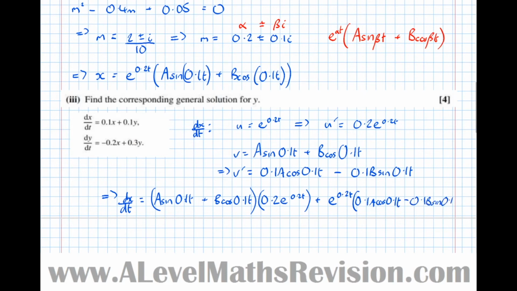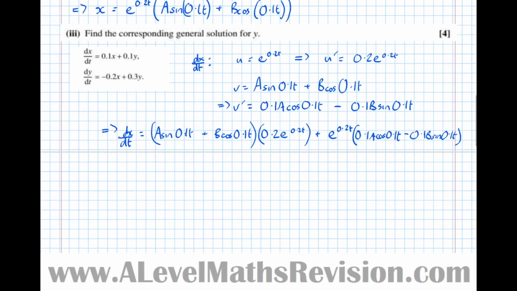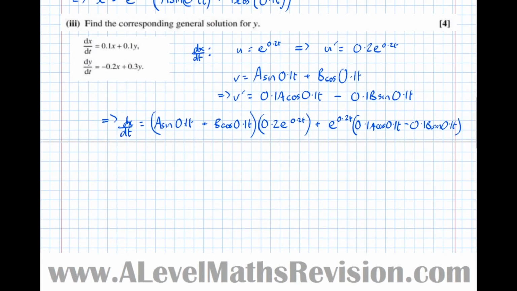Let's now take out a factor of e to the 0.2t, so that equals e to the 0.2t, open bracket, and remember everything here is times by 0.2 as well, so 0.2a sine of 0.1t plus 0.2b cos of 0.1t, and strictly speaking I should put brackets around this just to show which terms the sine function is applied to.